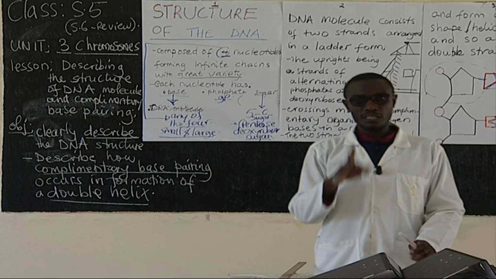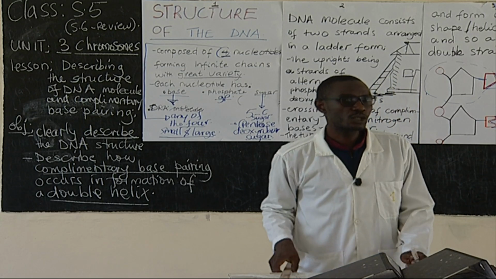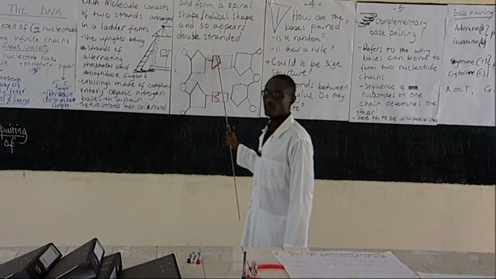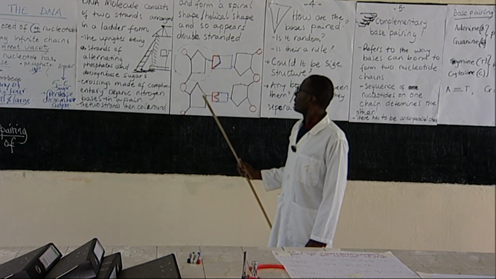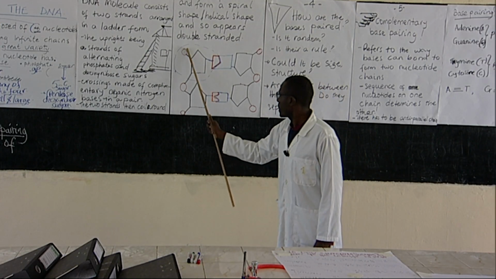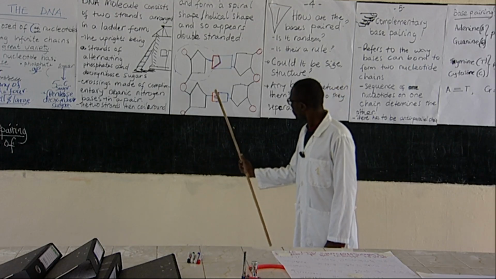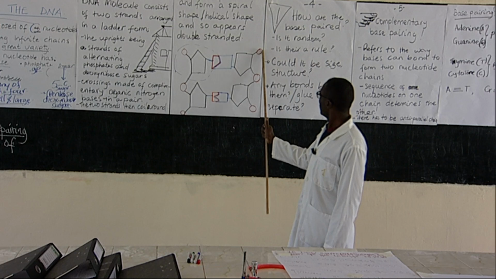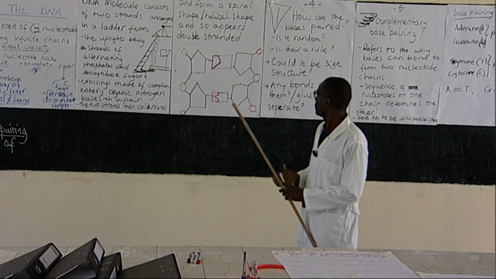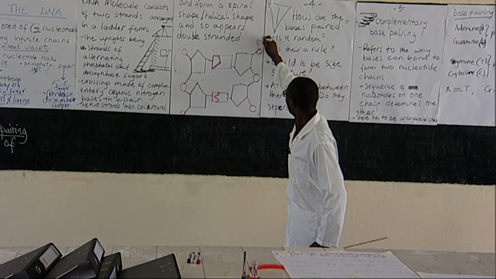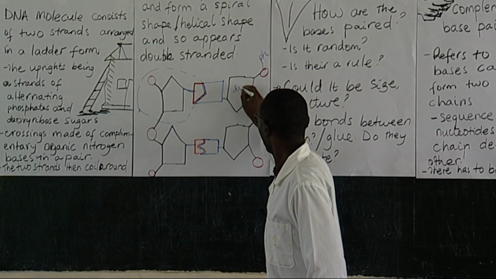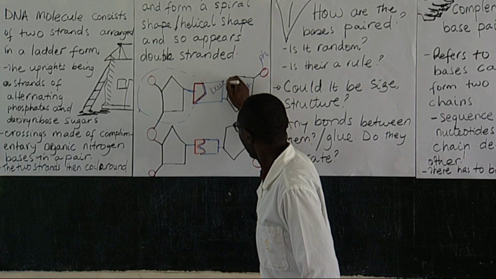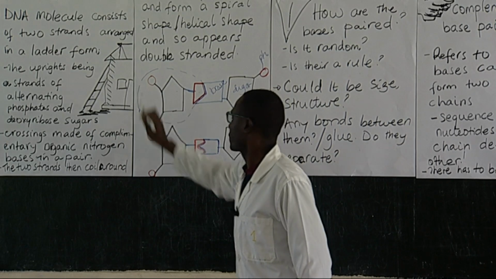So it means, therefore, that each nucleotide is going to have this, that, and that. So you have this, that, and that. Then you have this, that, and that. So we are going to have a phosphate. Then you have your sugar here. Then you have your base. The same applies to this.